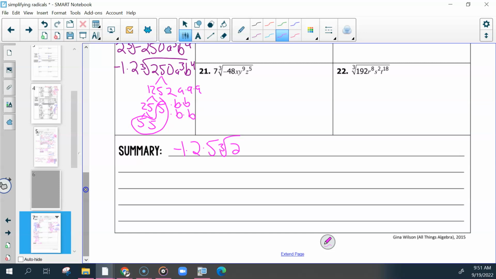So we would have our group of a's that would come out. We would have a group of b's that would come out with 1 leftover b. And then we would put everything together. Negative 1 times 2 times 5 times a times b. Negative 10 a b. On the inside we have 2 and b.